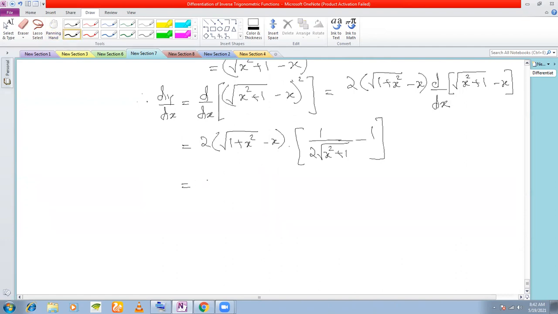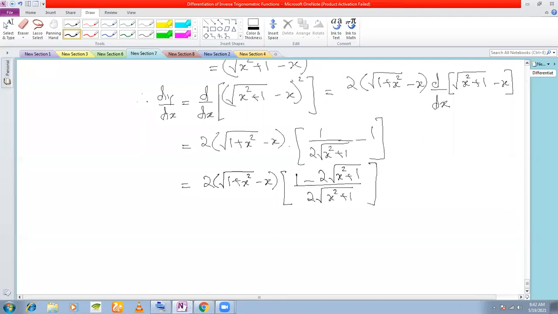So what do I get here? Twice square root 1 plus x square minus x, and here if I take the LCM, I get 1 minus 2 root x square plus 1 divided by 2 root x square plus 1.